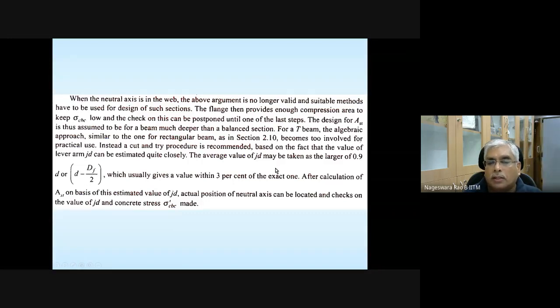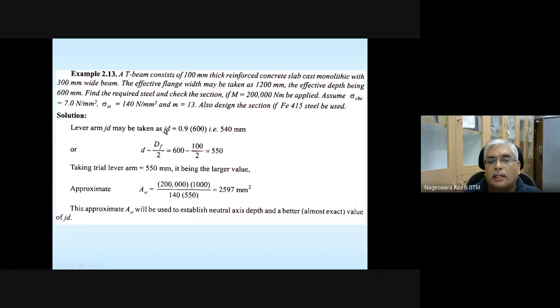So that is the guideline. Based on that guideline, we started with a guess value of lever arm, and once we get the approximate value of lever arm, we can divide the moment by the permissible stress in steel multiplied by the lever arm distance, which is going to give you the approximate value of steel.